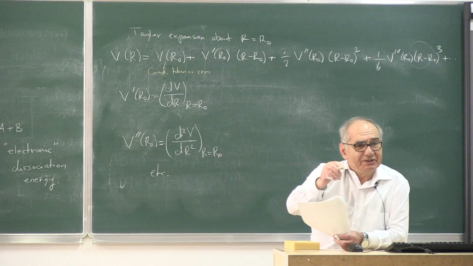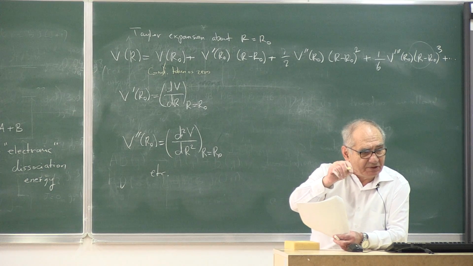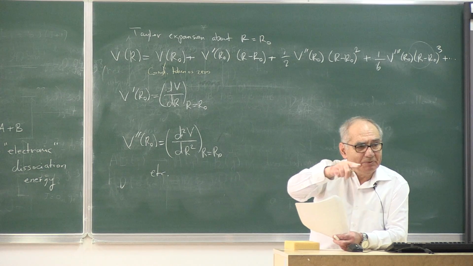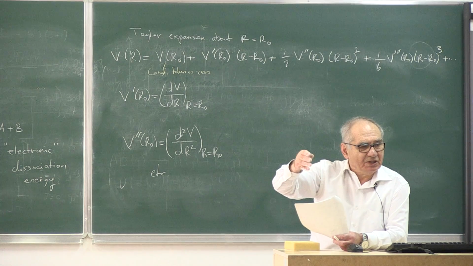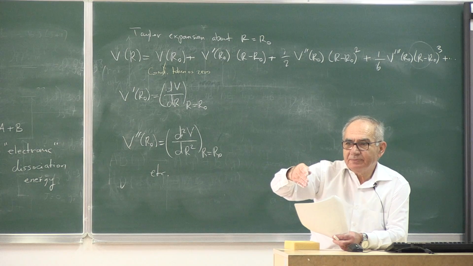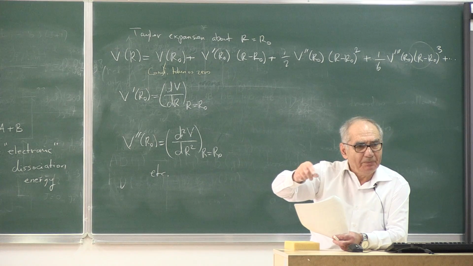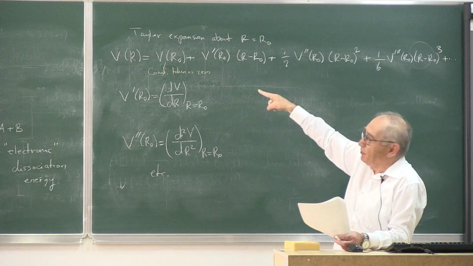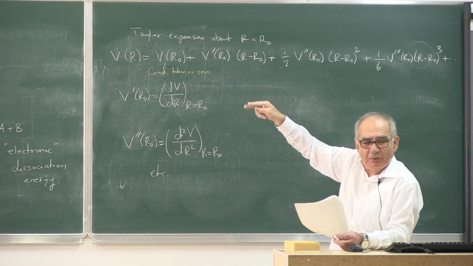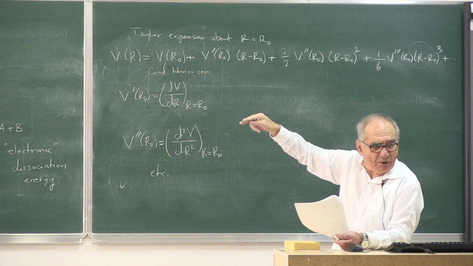Remember, there is an arbitrariness in the potential energy function. If you replace V by V plus C, it doesn't change the situation. So we have discussed this before. Here, the constant is the first term over there, whose value we take as 0.